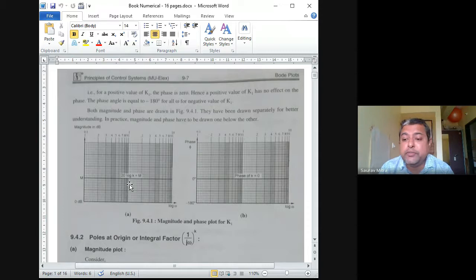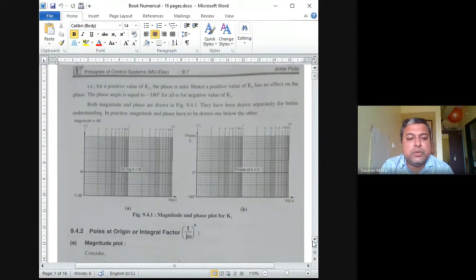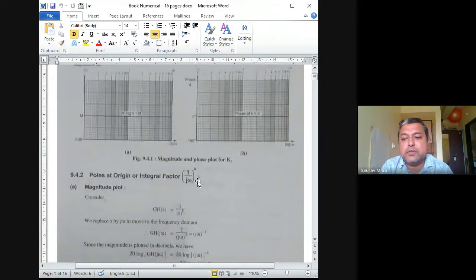If k is 0.4, we have seen 20 log of 0.4 comes to around minus 8, so it will come below. Here k is greater than 1, hence it has come above. This is one thing we have to understand. And whenever it is k, the phase is equal to 0 degrees, and it is plotted like this. Then next, all the known things to us, 1 by s raised to k.